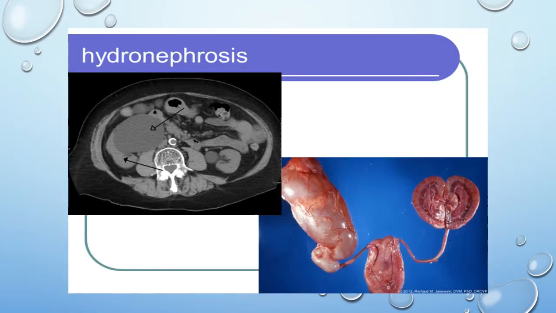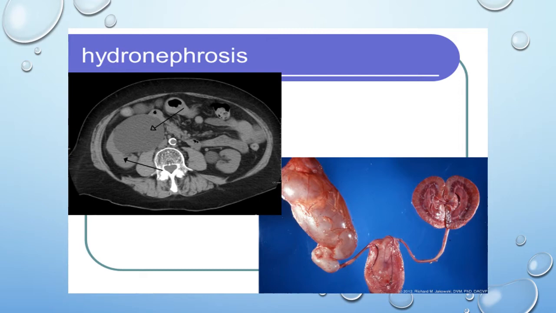So I like to give diseases and disorders because I think it's important to try to understand what could happen if there are problems. So this first disease or disorder is hydronephrosis.